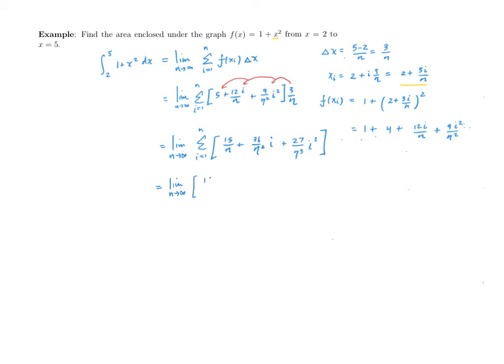So I'm going to write this as 15 over n, the sum from i equals 1 to n of 1, plus 36 over n squared, the sum from i equals 1 to n of i, plus 27 over n cubed, the sum from i equals 1 to n of i squared.